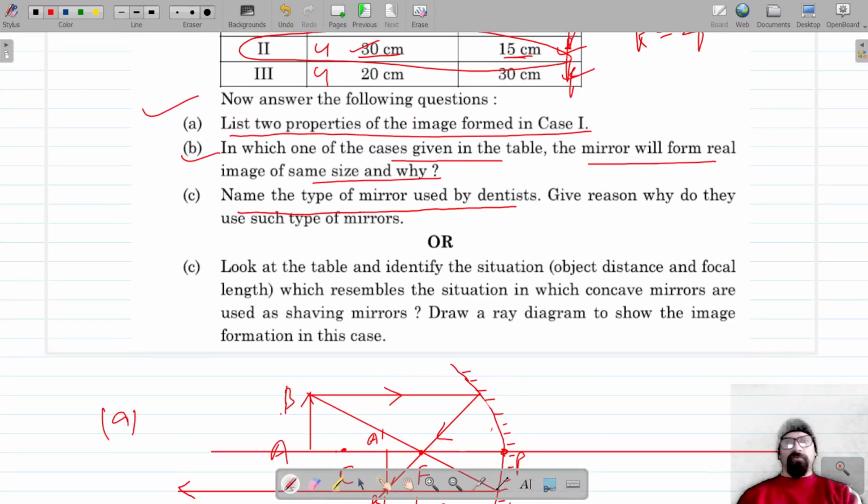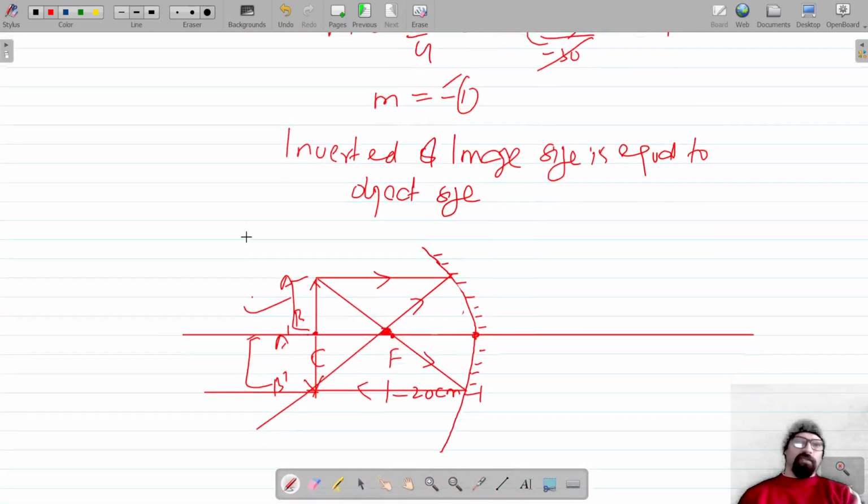Name the type of mirror used by the dentist. So the type of mirror used by the dentist is a concave mirror.